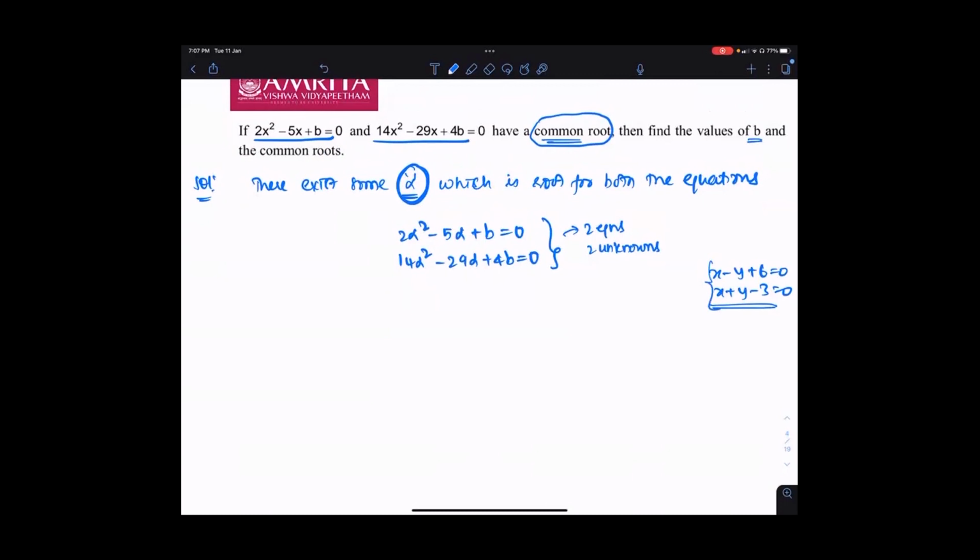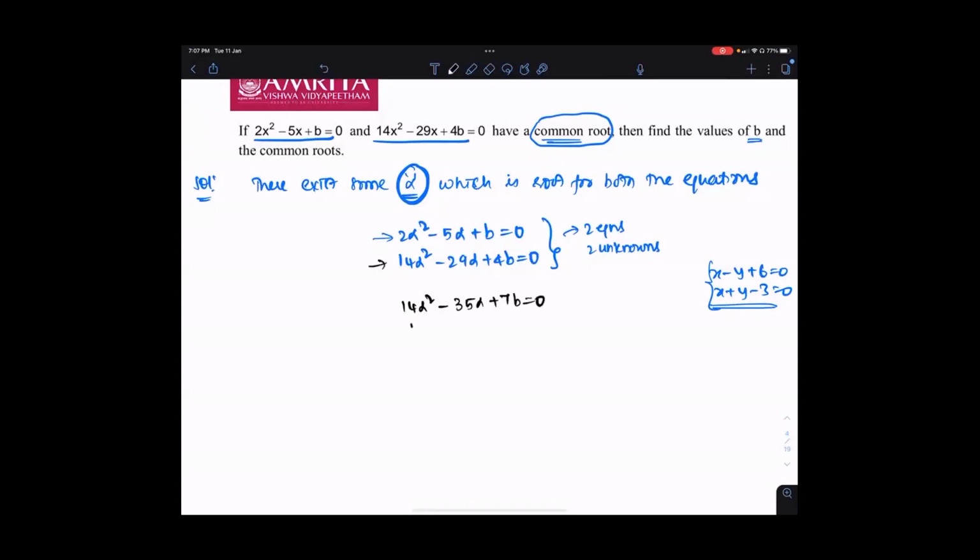So what we will do is multiply this one by 7. We'll get 14 alpha square minus 35 alpha plus 7b equal to 0. Sorry, not beta, that is b.